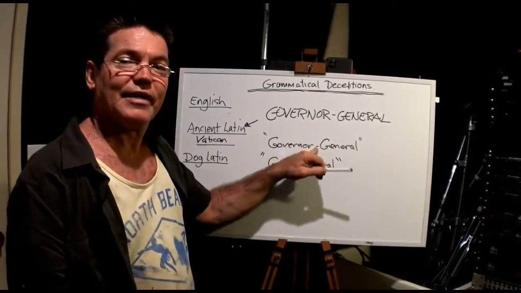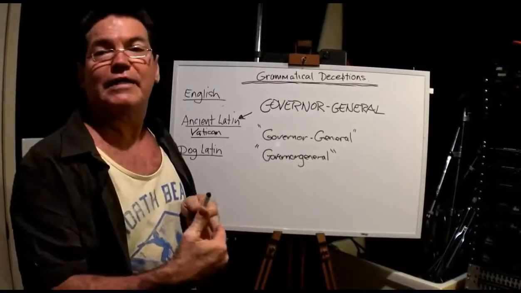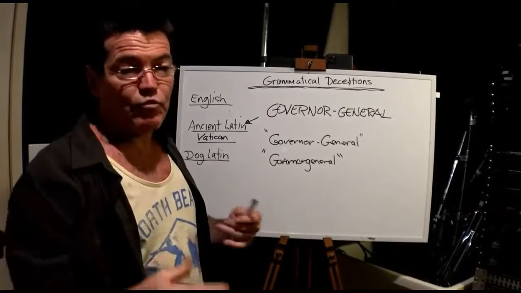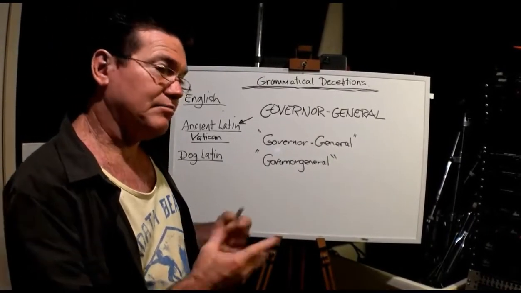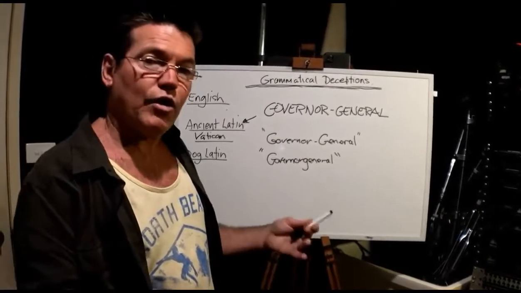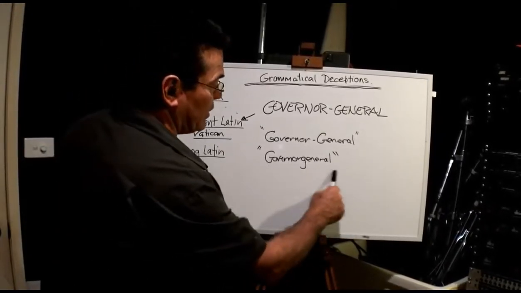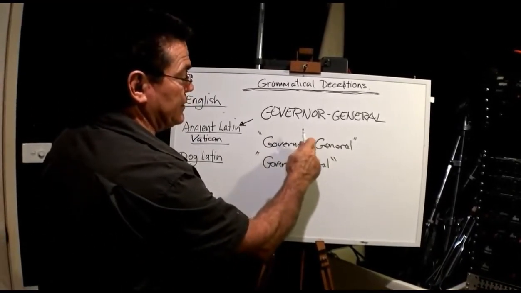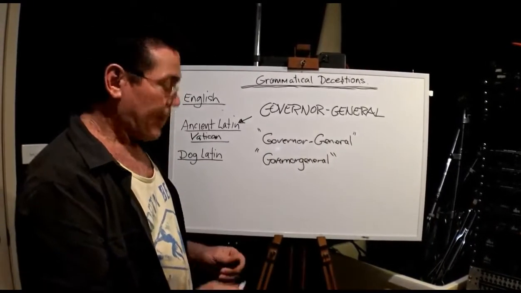Because that hyphen is used in English to join a broken word back together, or join two words together as one. That's how some words are made before the word is actually made into one word. The hyphen is used until eventually, as time goes by, the word becomes one. But at this present time, in the dictionary, there is no such word as Governor General, and there's also no such name as Governor General with a hyphen. It does not exist in the English language.